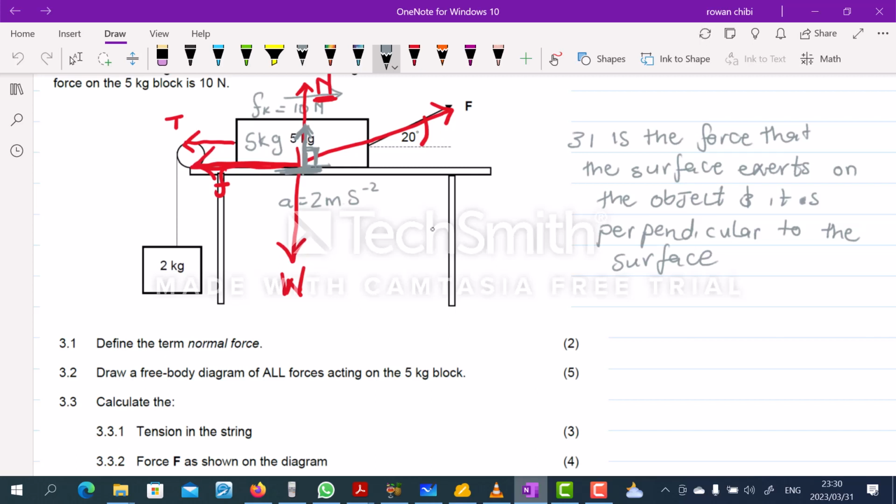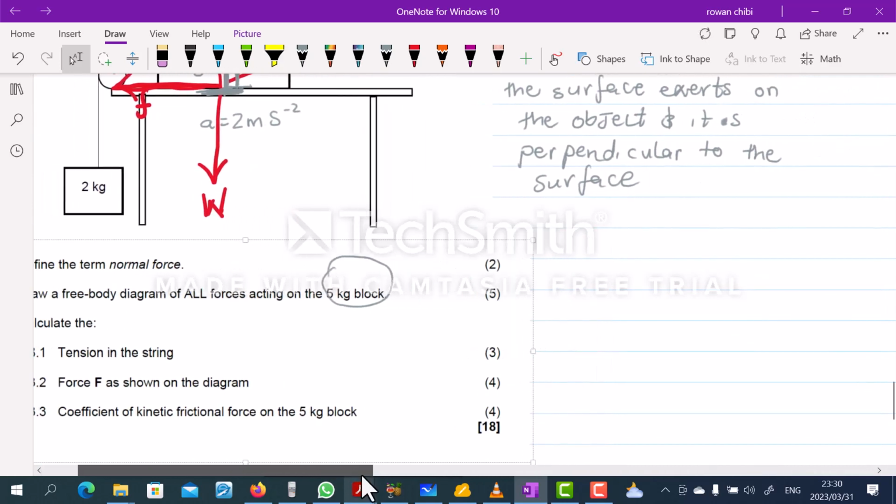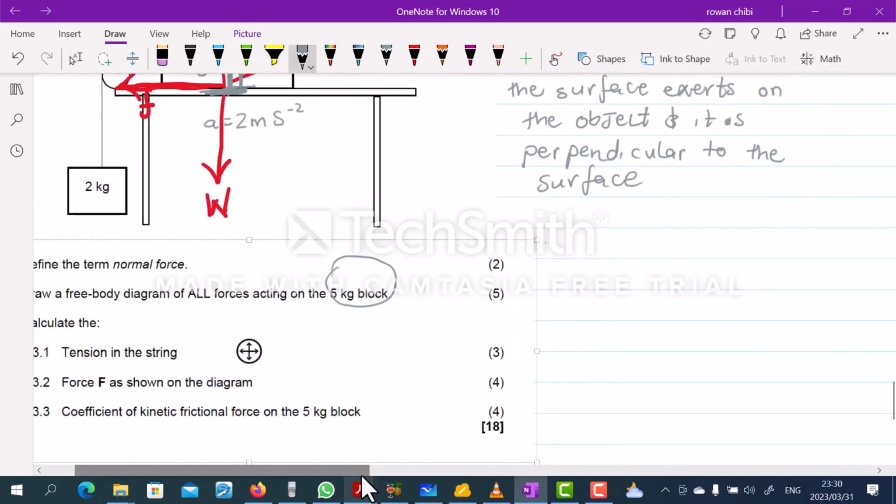3.2, draw the free body diagram of all forces that are acting on the 5 kg block. The forces that I've just drawn here. What you do is make a representation of the object as a dot.